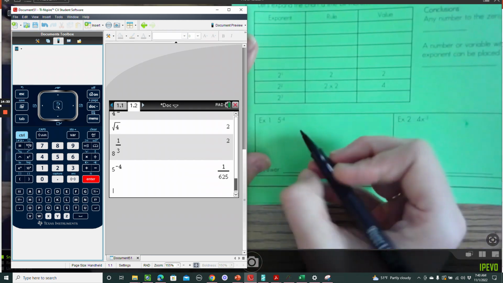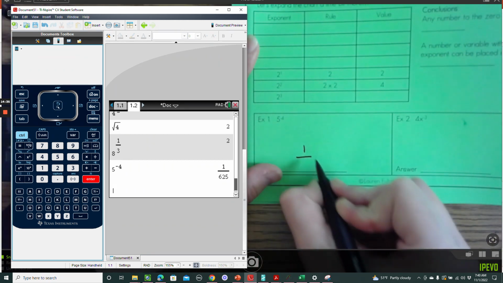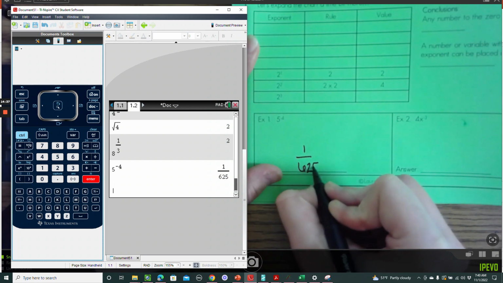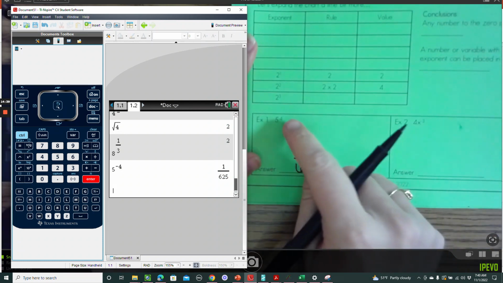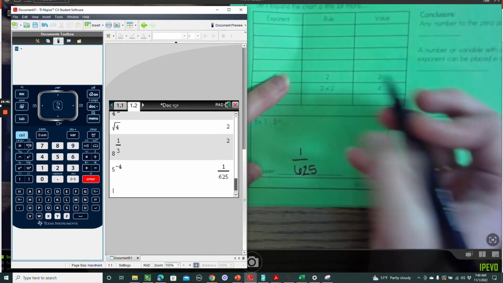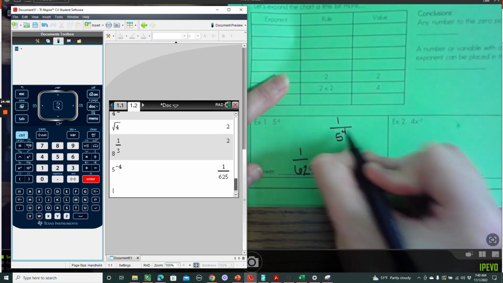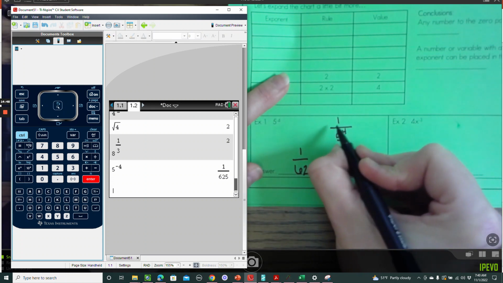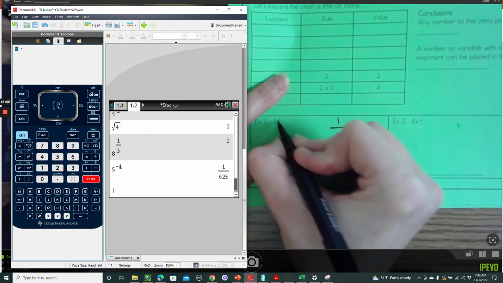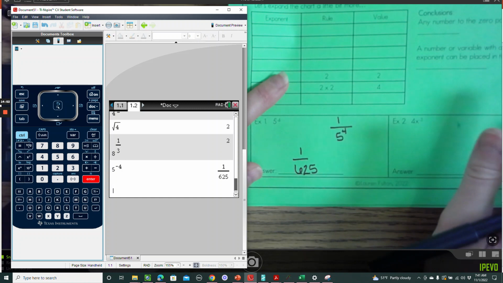Sorry, it froze. 1 over 625. So what this is saying, 5 to the negative 4th is the same as 1 over 5 to the 4th. Remember, negative exponents mean that exponent or that term is the denominator of a fraction.